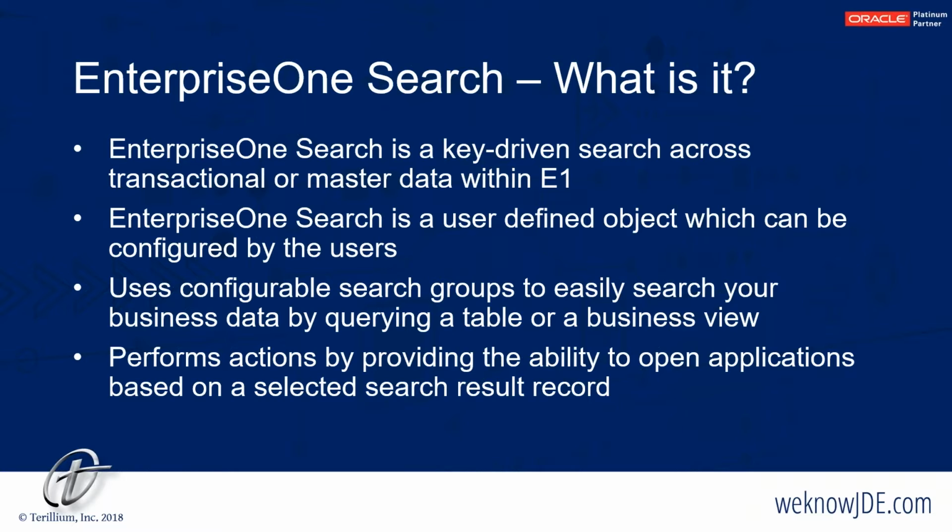And it basically gives you the capability to do searches and return data in the system over and above or differently than what you can do if you're searching within the standard applications.